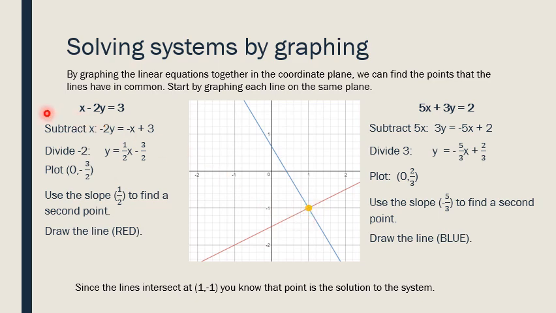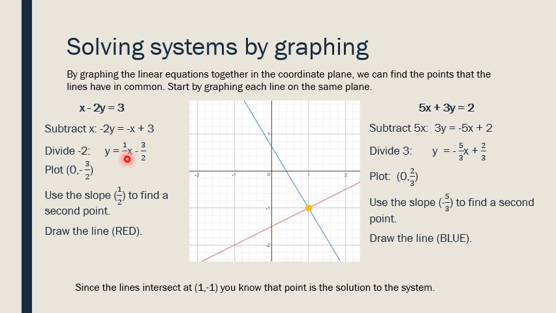So for instance, if I had the equation x minus 2y equals 3, I would change this up a little bit to make sure that I've got it in slope-intercept form because that's the easiest form to graph. By subtracting x from both sides, I can get negative 2y equals negative x plus 3. By dividing everything by negative 2, I get y equals 1/2 x minus 3/2.